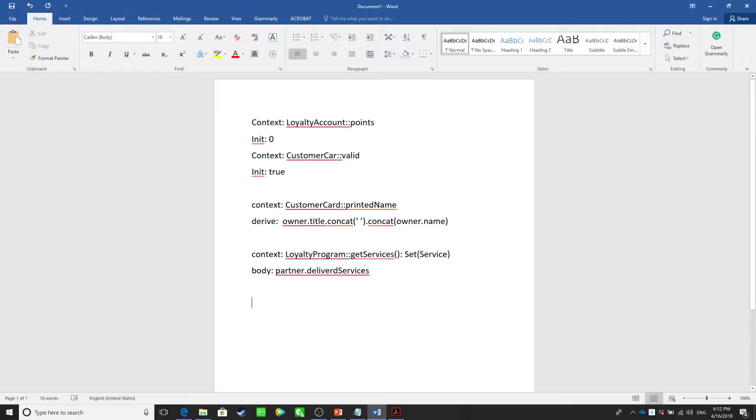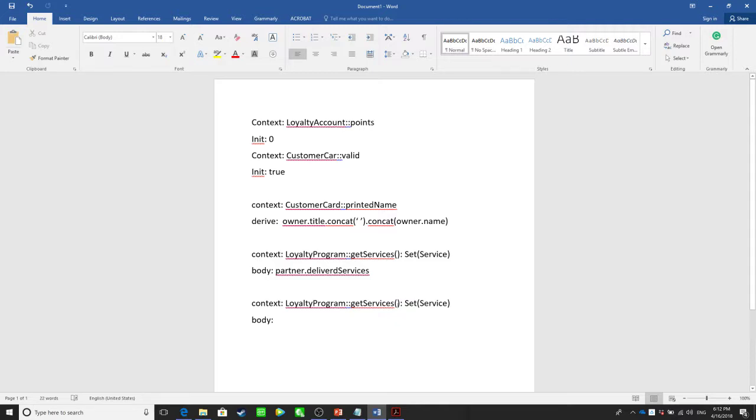Okay, forget about this thing. Now we want to specify this get service again, but this time the context is the same. But this time the get service is different.